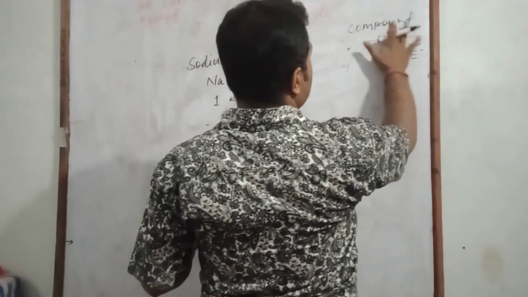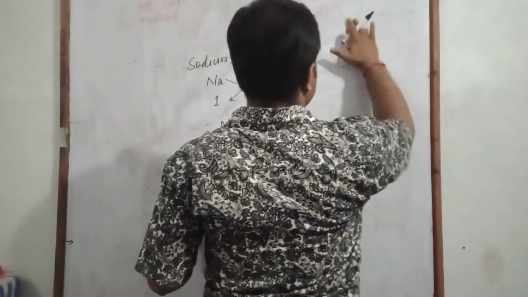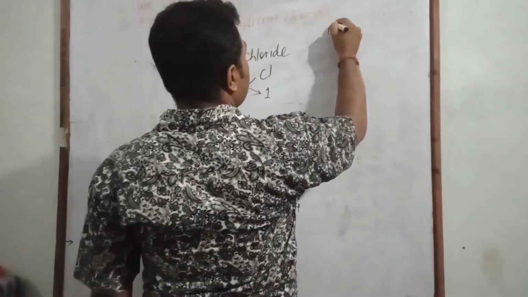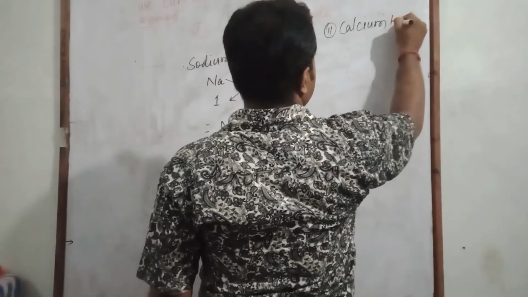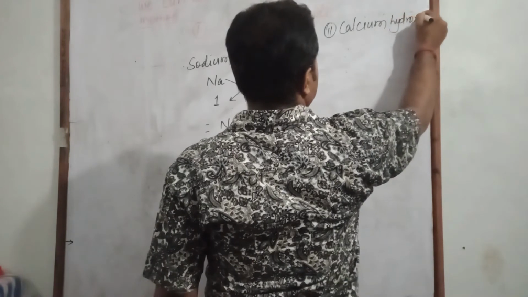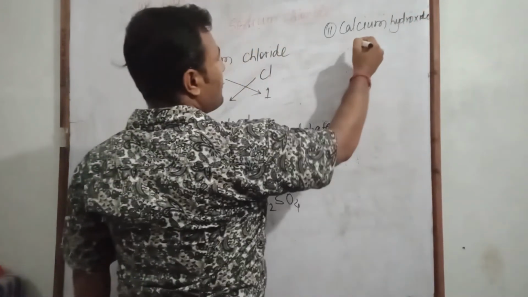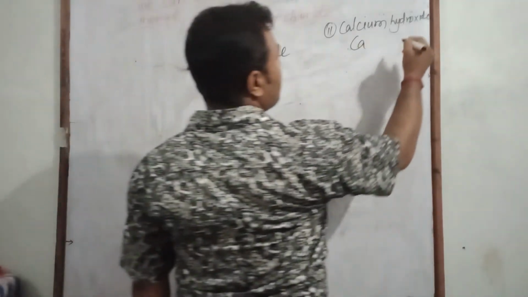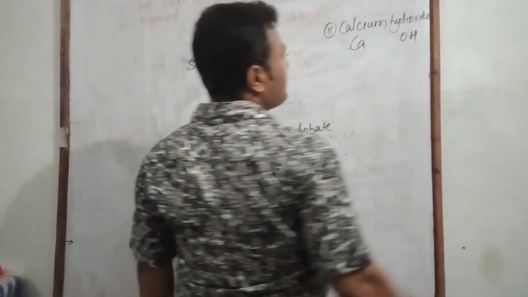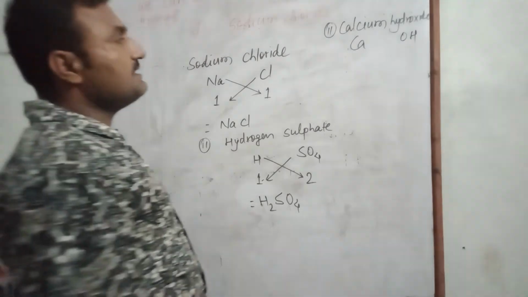Similarly, we take another compound, suppose calcium hydroxide. While writing the molecular formula, firstly we should know that calcium is the electropositive radical and hydroxide is the electronegative radical.